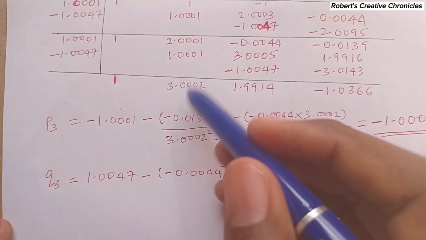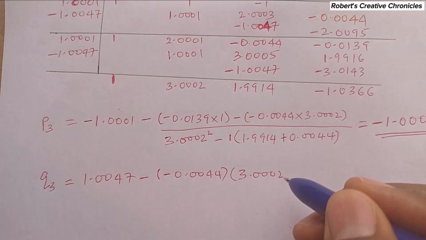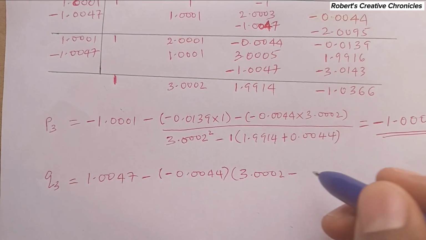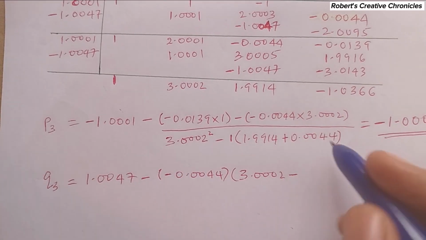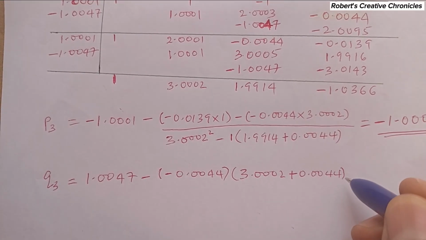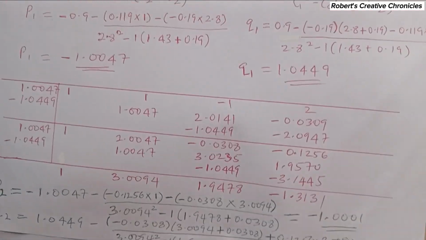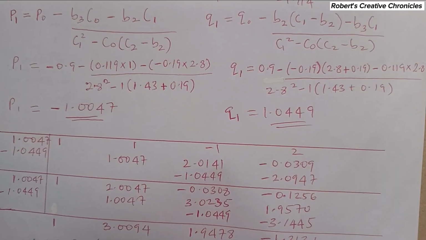So C1 minus B2, minus this B2, it will be plus. Then minus B3 C1. Minus B3 C1.